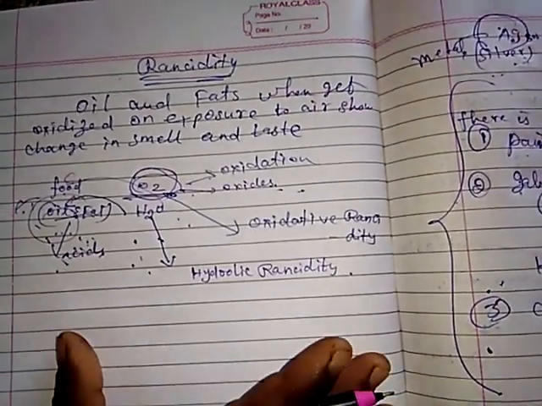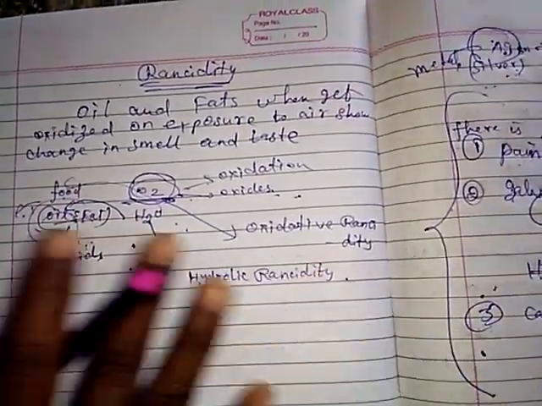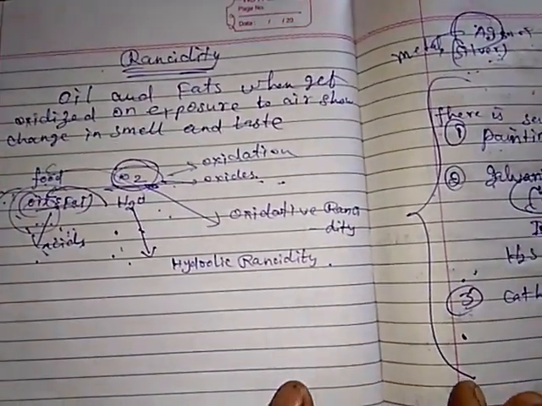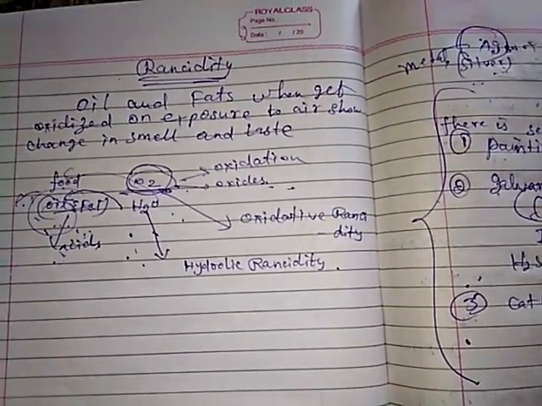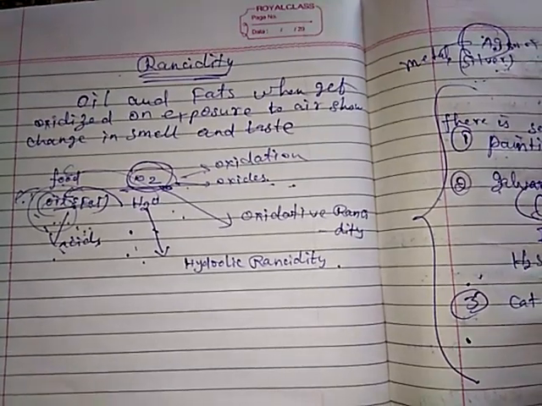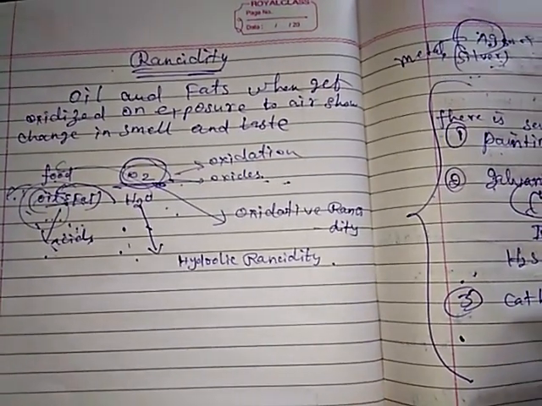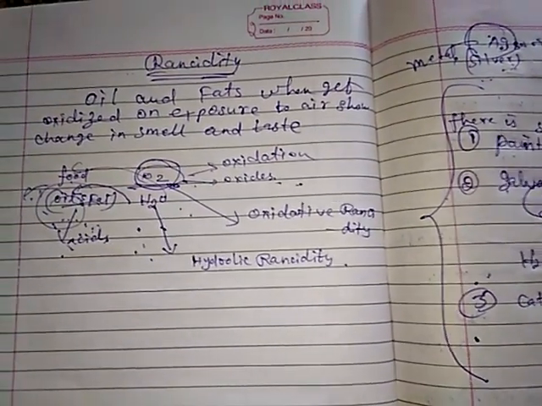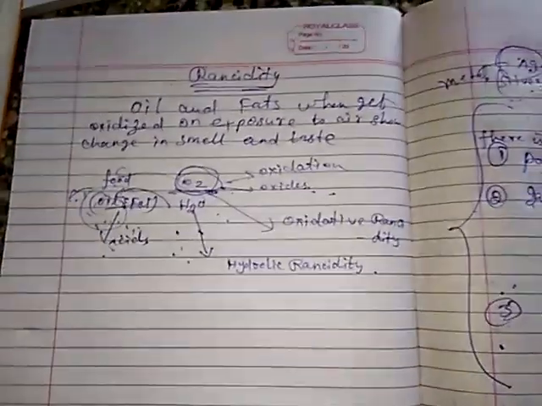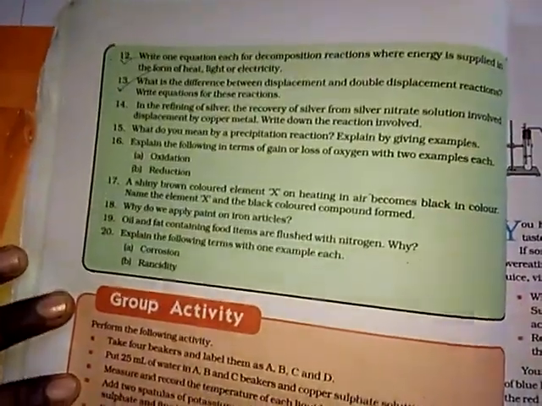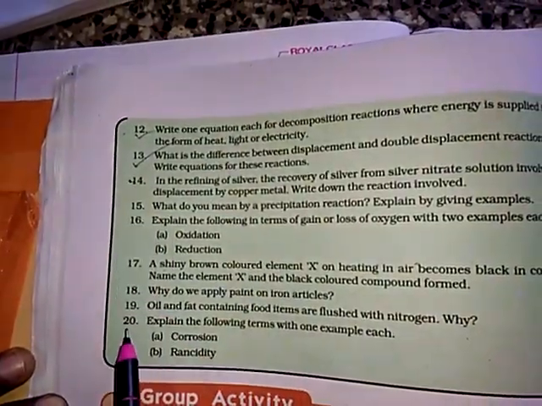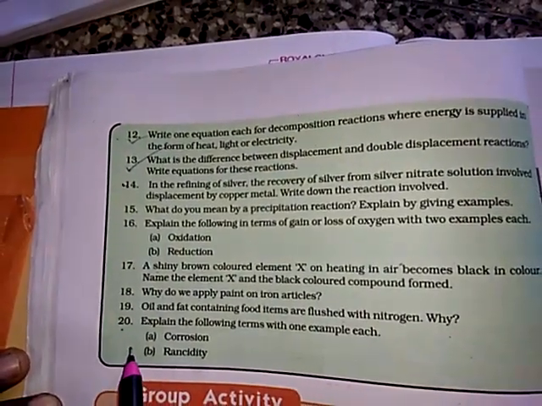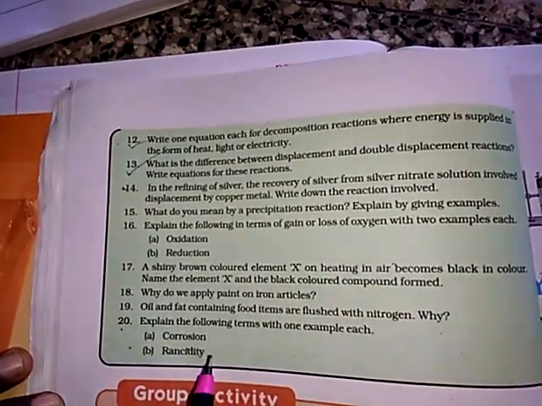Today our corrosion and rancidity session is over. Your homework: in your textbook, page number 16, questions 14 to 20, you have to write and learn them.